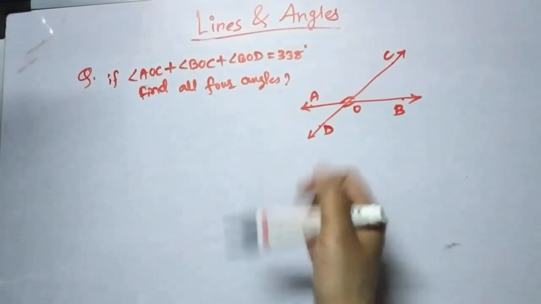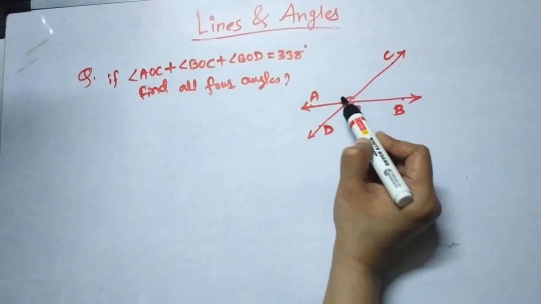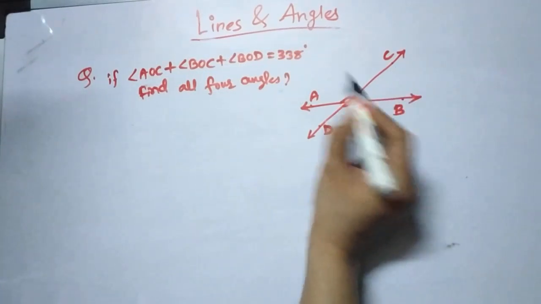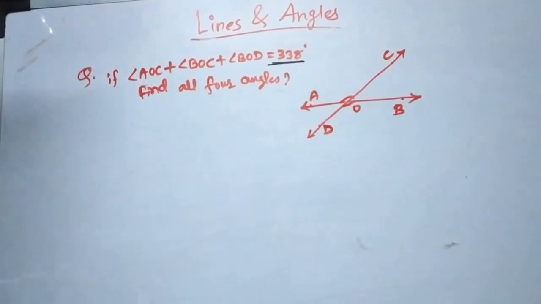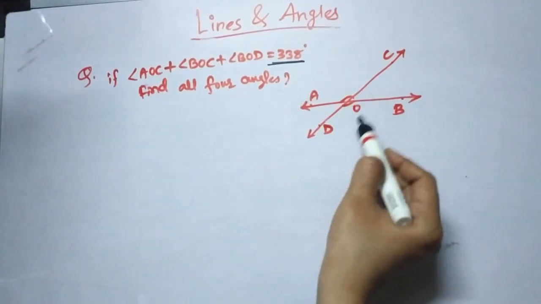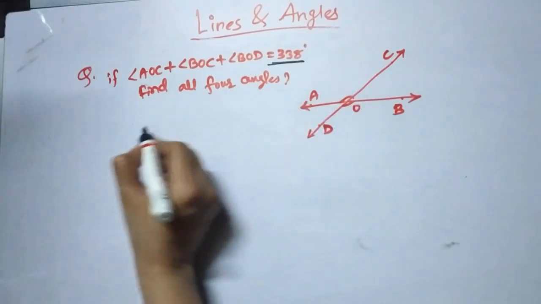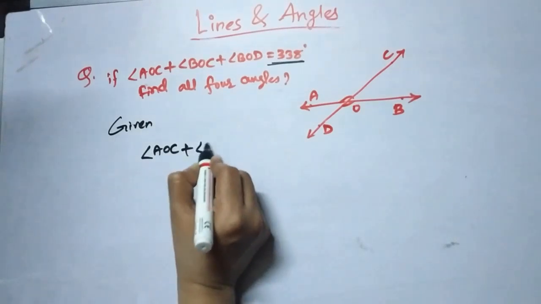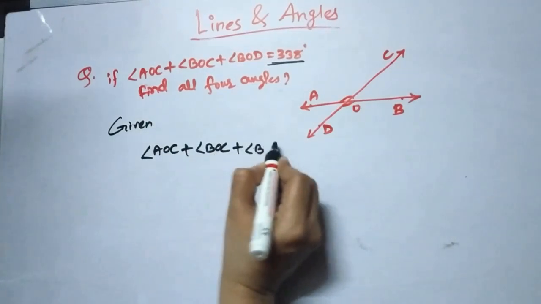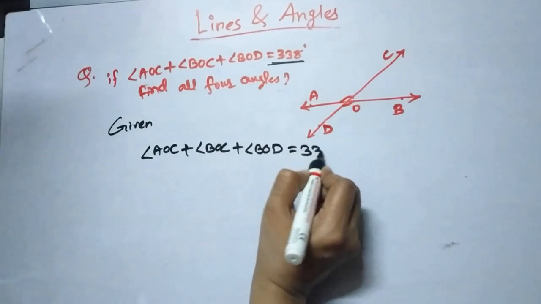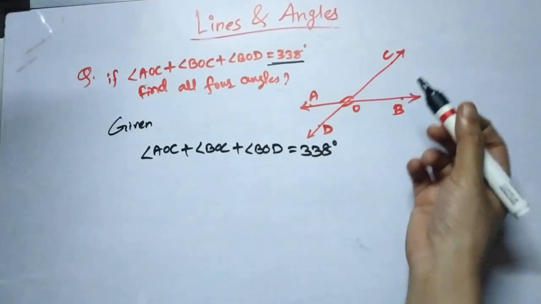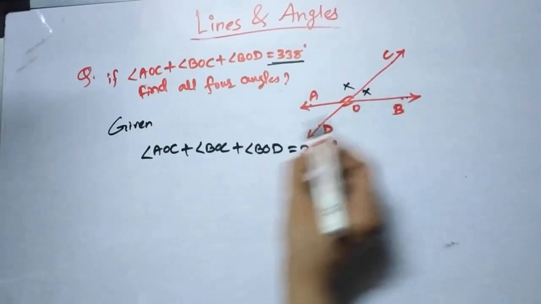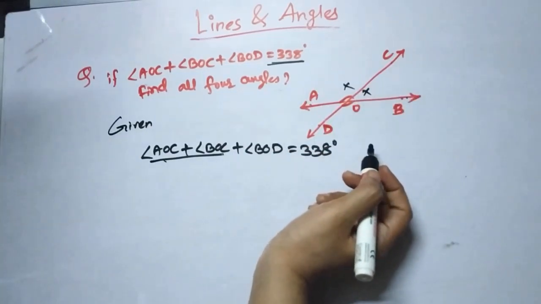So friends, now in this question it is given that angle AOC plus angle BOC plus angle BOD is 338 degrees. So we need to find out all these 4 angles. So friends, first of all we'll write the given: angle AOC plus angle BOC plus angle BOD is 338. So friends, just observe this angle and this angle, AOC and BOC, this one, they are a linear pair.